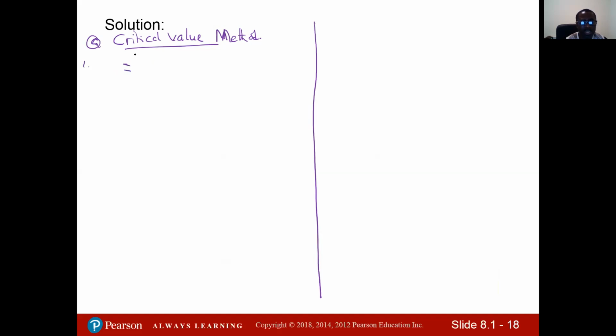This is a proportion parameter, p. So your H0 says that p is equal to 0.5, versus the alternative H1, that it's more than a majority, so p is greater than 0.5. Before we do this, we have to check the requirements.